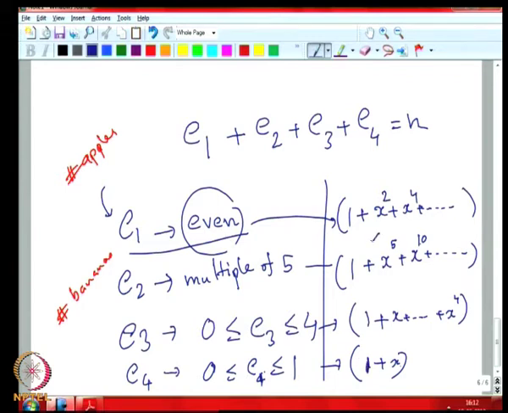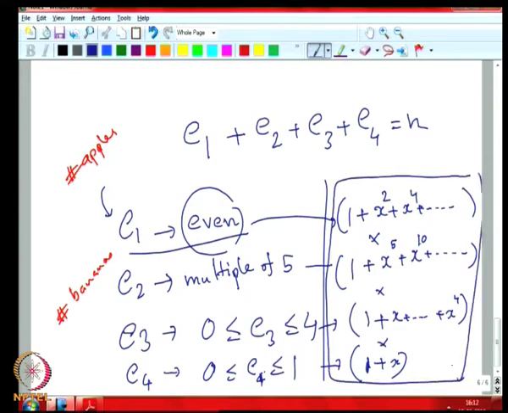Now we multiply this out, right. The point here is that the coefficient of x raised to n in the product of all these 4 terms will correspond to the number of solutions for this equation, where each Ei satisfies the respective conditions given here. Why?